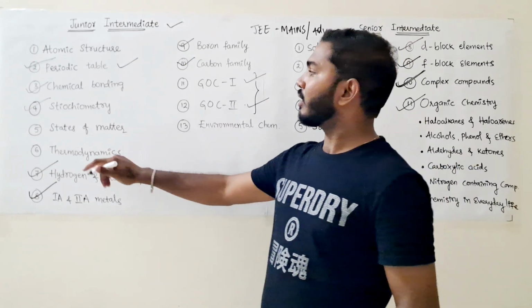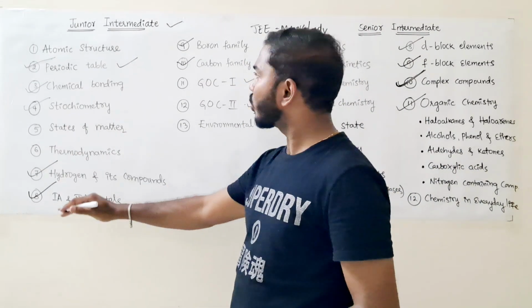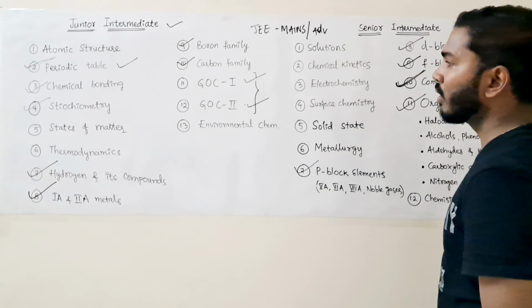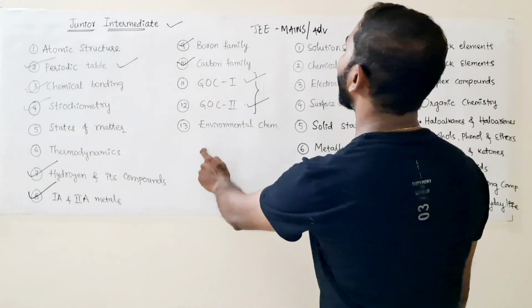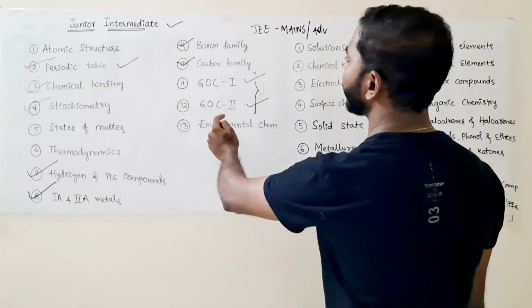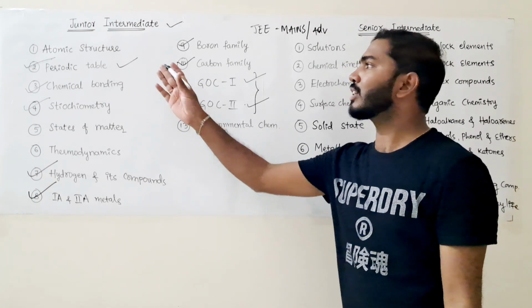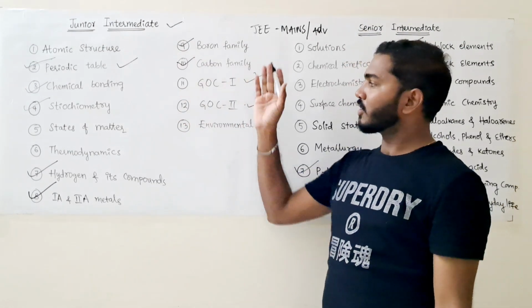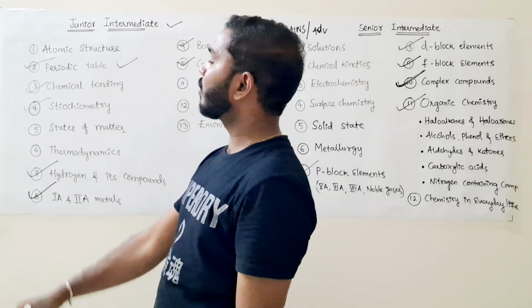And then the rest: states of matter, thermodynamics, even environmental chemistry also comes into this. Okay, actually some general chemistry chapters are also there: atomic structure, environmental chemistry, chemical bonding.